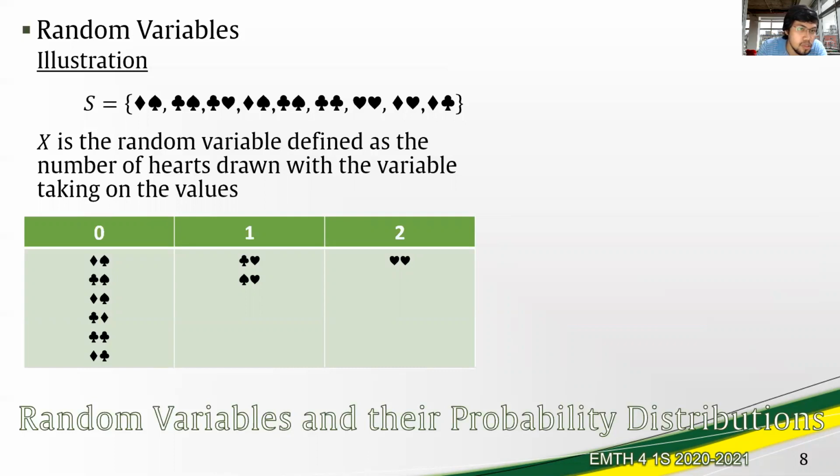Because if you just divide, for example, the 2 heart cards will take on a value of 1 over 9. That is for just this specific drawing of cards, which is defined as X.